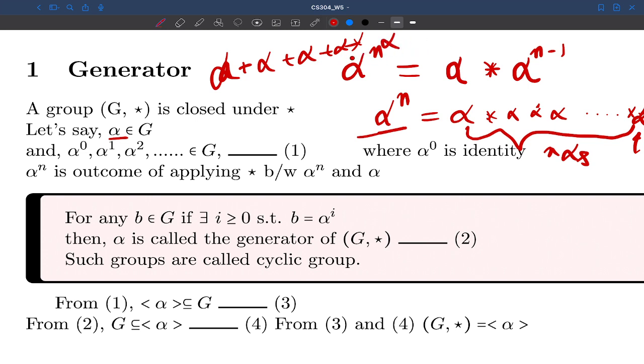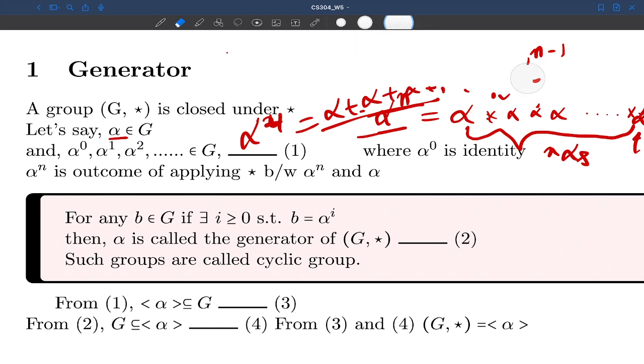If this operator is plus, then alpha 4 I got by alpha plus alpha plus alpha plus alpha plus 0. So I am applying alpha 4 times on the identity element.